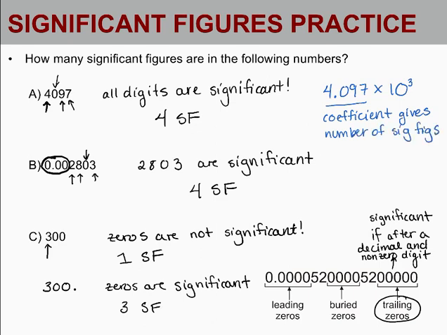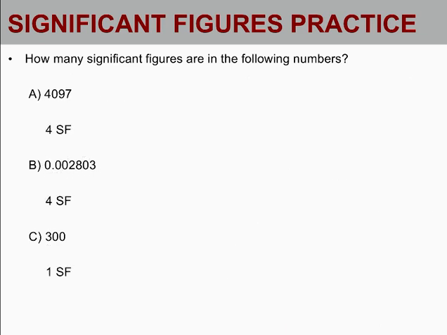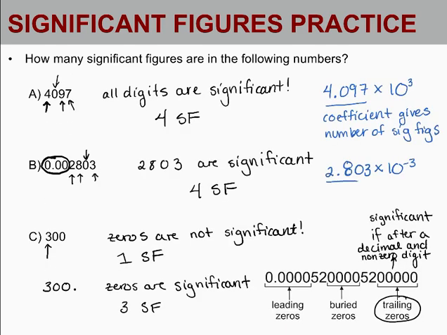So the coefficient in scientific notation tells us the certainty of our measurement. Now if we look at B, we would write this in scientific notation as 2.803 times 10 to the negative third. And the coefficient tells us that we have 4 sig figs.